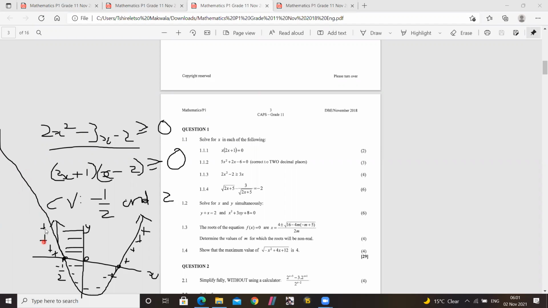Negative 5, negative 3, the graph is positive. However, it stays positive until it comes here to negative 2. Do you see, after negative 2, let's say negative 1/4?